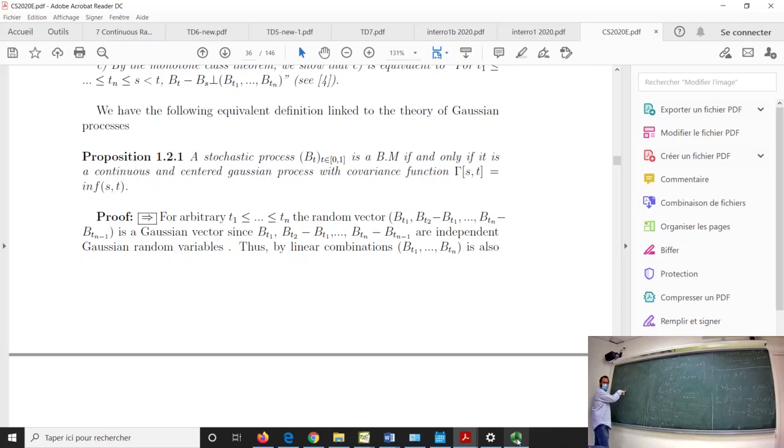So Gaussian, we have said? Be careful, because you have an infinite sum, you have a limit here. But you know the little exercise at the beginning of chapter 0. If you have a sequence of Gaussian random variables that is convergent in L2, the limit is Gaussian. The proof is very basic. You use the characteristic function and you can pass to the limit in it.